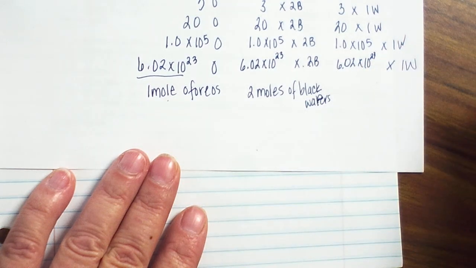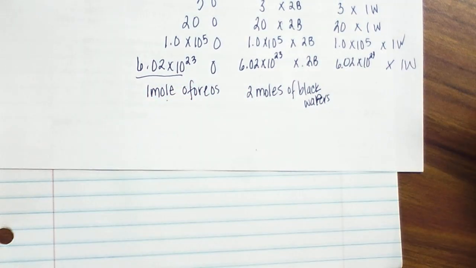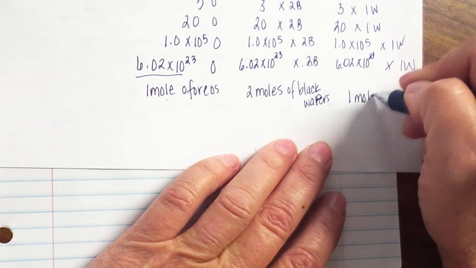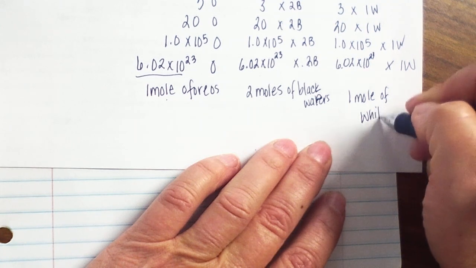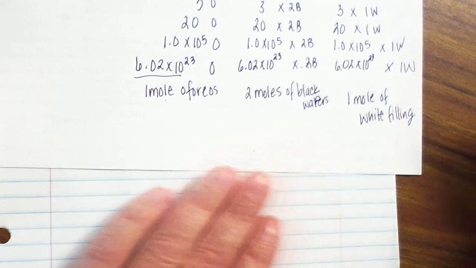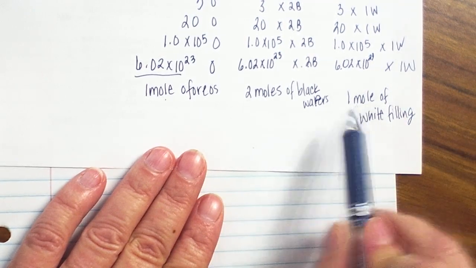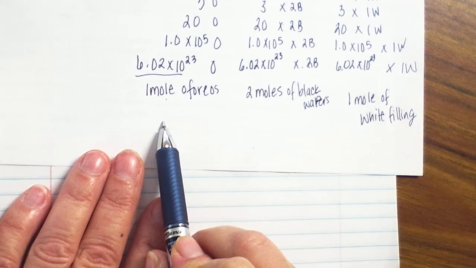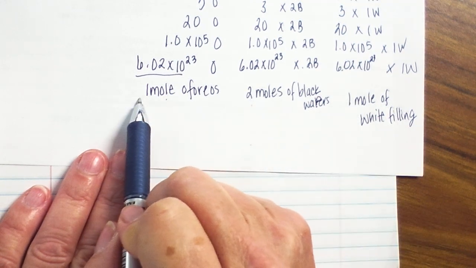And I have 1 mole of white filling. Everybody with me? Okay, good. So look, 1, 2, 3 moles of things went into 1 mole of Oreos. Am I correct?